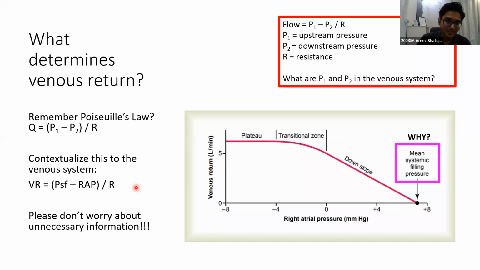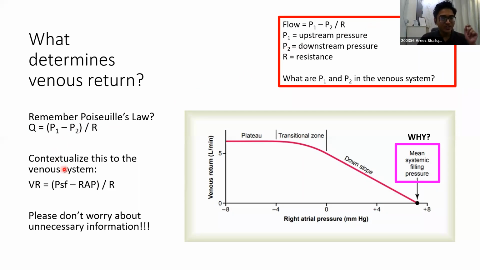Do you remember this equation Q equals P over R? So Q equals P1 minus P2 over R. P1 is upstream pressure. P2 is downstream pressure. I told you to keep this equation in mind. Now we're going to apply it to the venous system, okay? So we're going to take this equation and apply it only to the venous system.